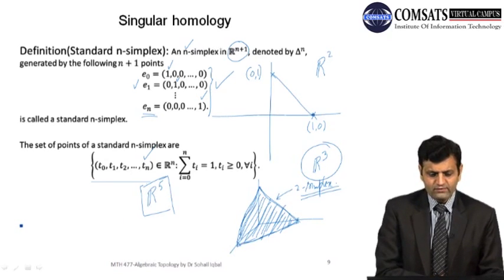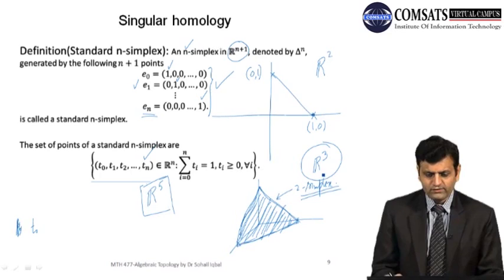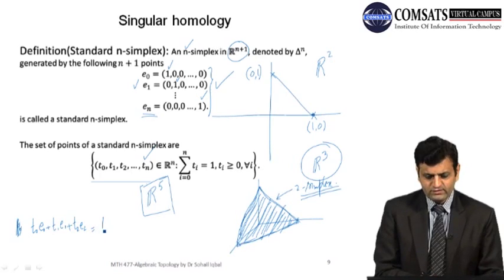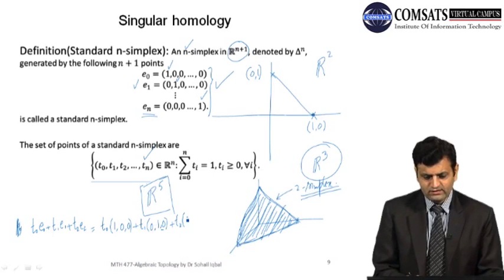In R3 the form of the points of this 2 simplex will be T0 E0 plus T1 E1 plus T2 E2, which is T0 times 1 0 0, plus T1 times 0 1 0, plus T2 times 0 0 1.